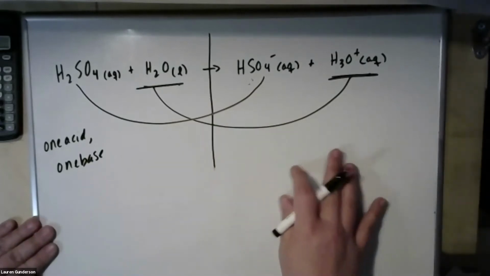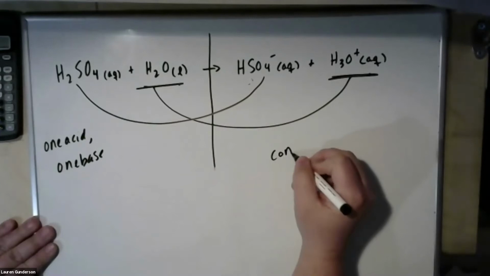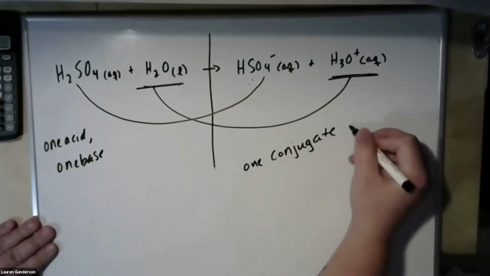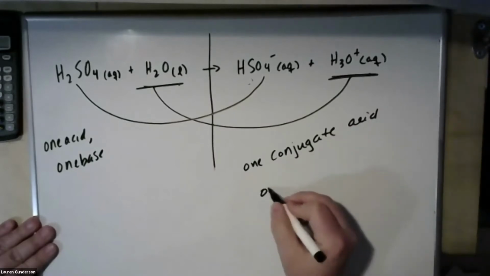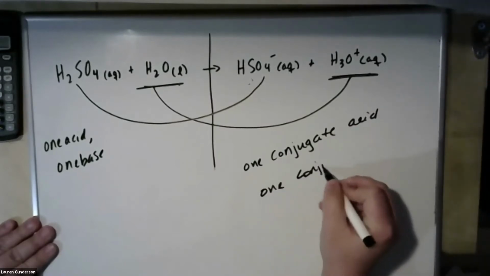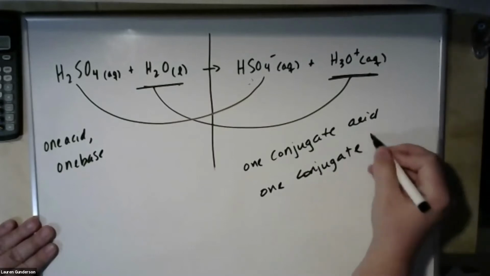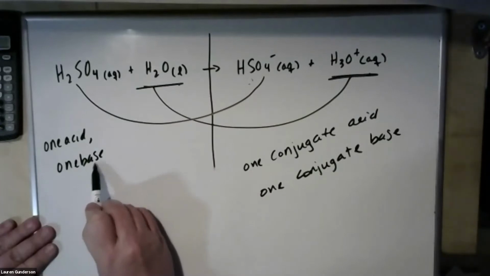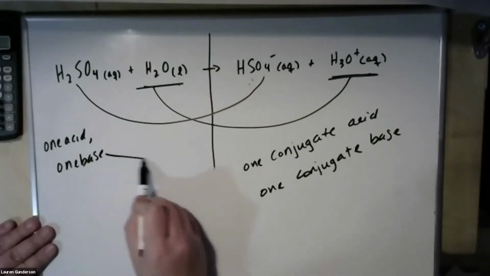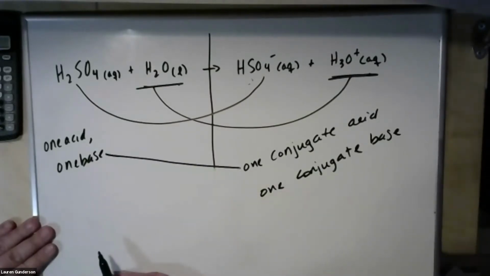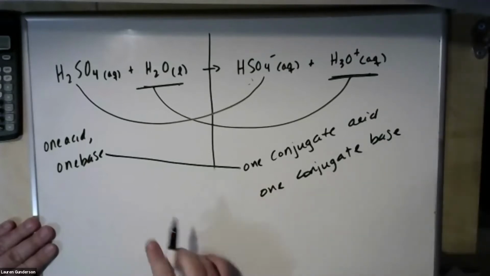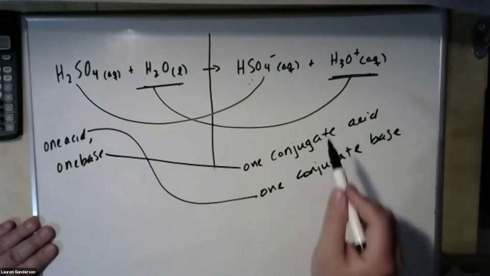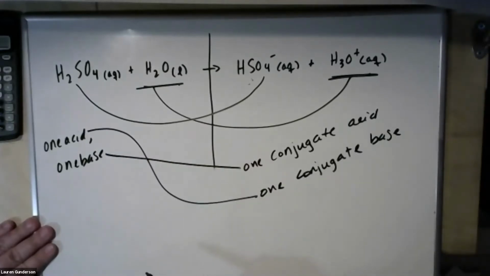On the product side, you're going to have one conjugate acid and one conjugate base. Whatever your base was on the reactant side, it's going to have a conjugate acid on the product side, and whatever your acid is, it's going to have a conjugate base on the product side.